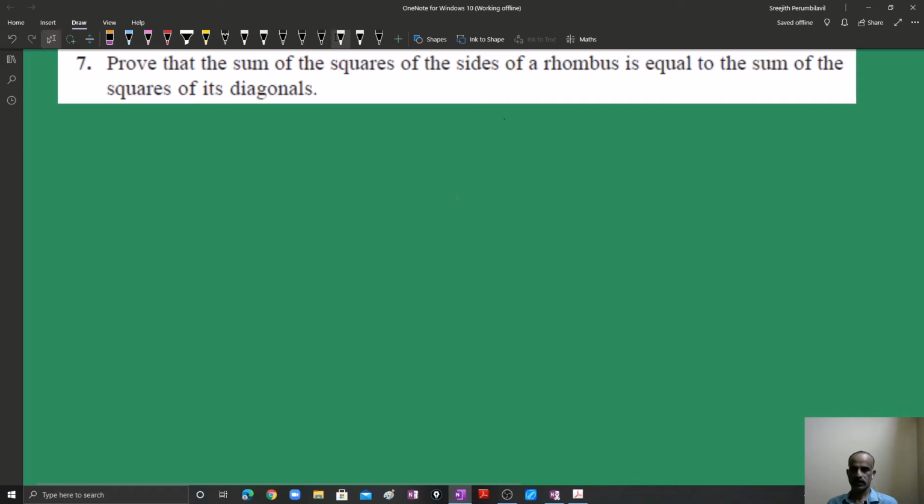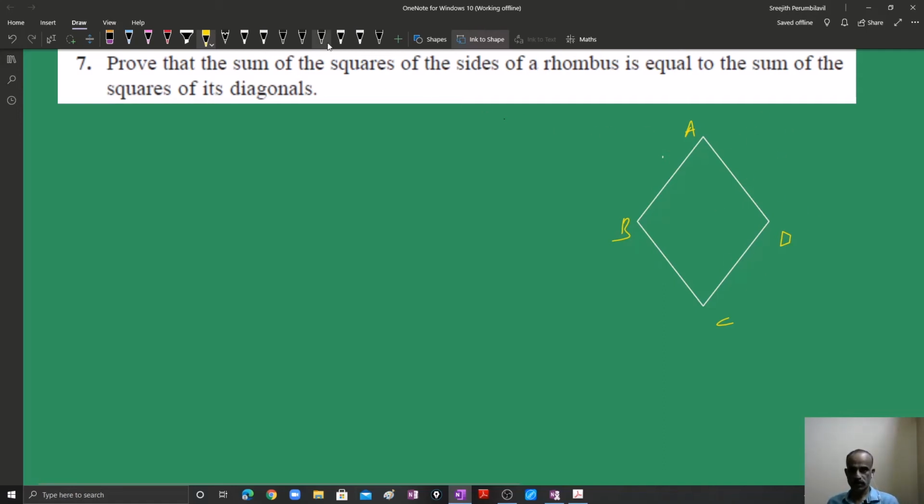So we need a rhombus. The rhombus is named A, B, C, D. The sum of the squares of the sides, which are AB, BC, CD and AD, is equal to the sum of the squares of the diagonals.